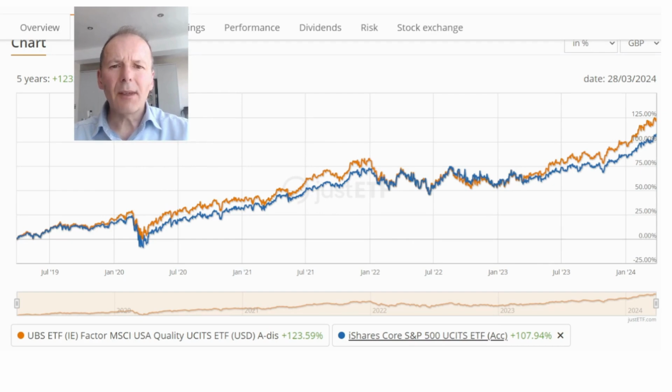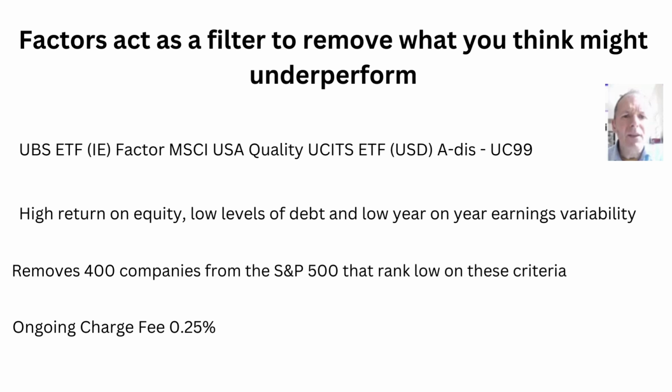One ETF where this isn't the case is UC99, which is a US Quality Factor ETF, and it does beat the S&P 500, although the degree of outperformance isn't maybe as strong as some of the other funds that I've shown you. So factors act as a filter to remove what you think might underperform from the underlying index.